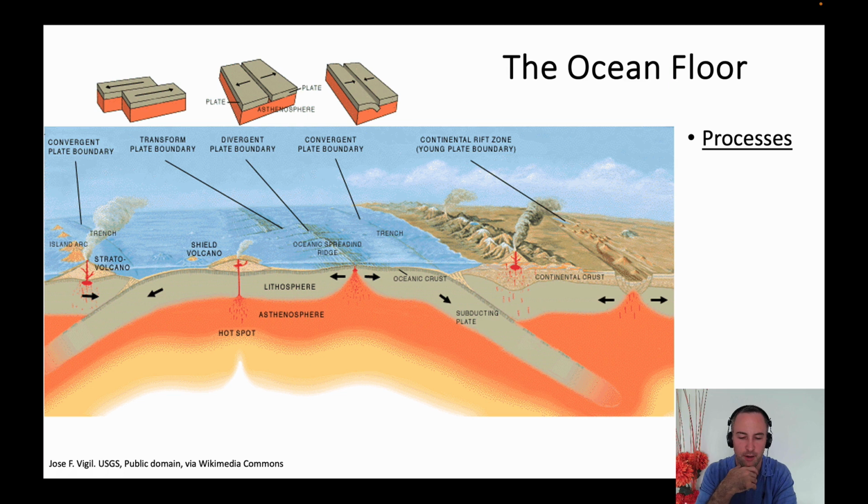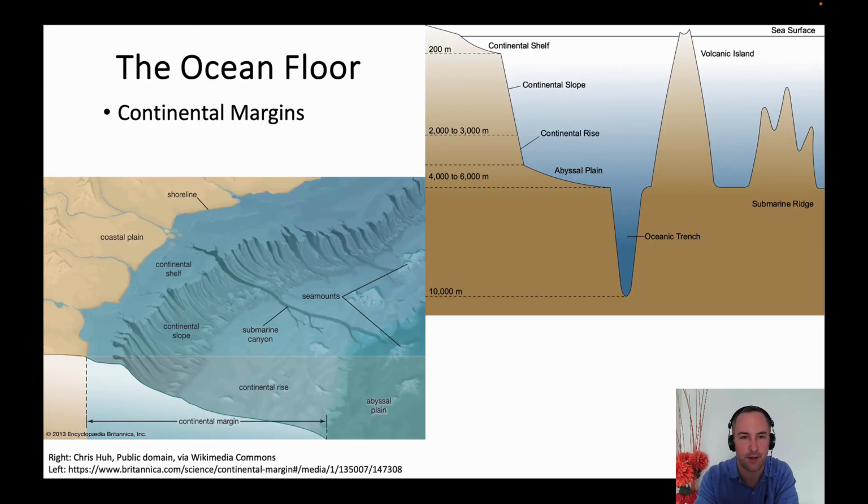These are areas where we've got quite a bit happening, and these are areas that end up being the deepest, where you have an oceanic trench. Now the continental shelf and the continental margins are going to be a little bit different on an active margin and a passive margin.